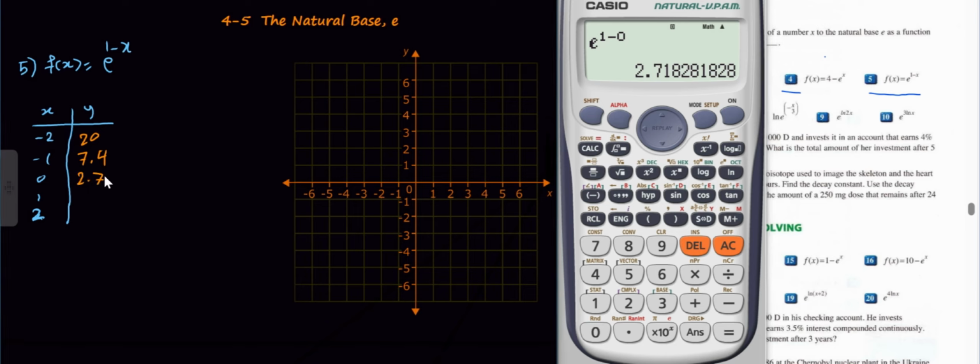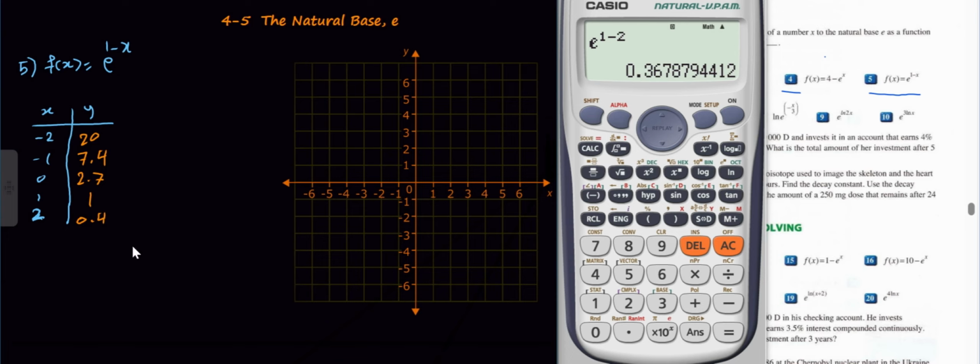If you put 1, 1 minus 1 will be 0, so immediately it equals 1, because e to the power 0 is 1. If you put 2, 1 minus 2 is negative 2, so e to the power negative 2 is 0.14 or 0.4.